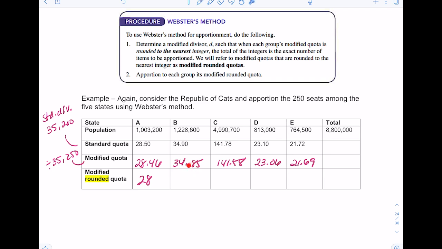This 8 will make the 4 go up to a 5, so that's going to be 35. This 5 will make the 1 go up to 2, so that's 142. That's going to stay 23. That's going to go up to 22 because of the 6. And now if you add up those numbers, you actually get 250, which is what we wanted.